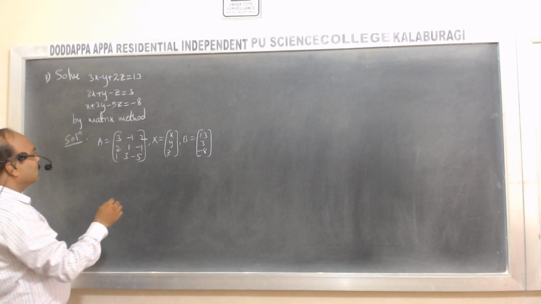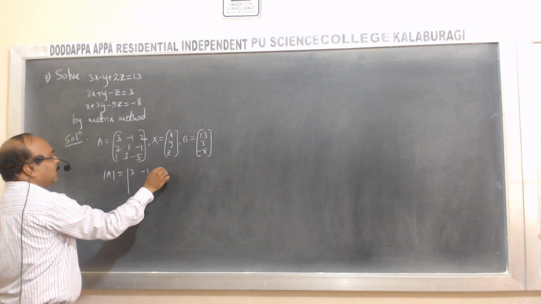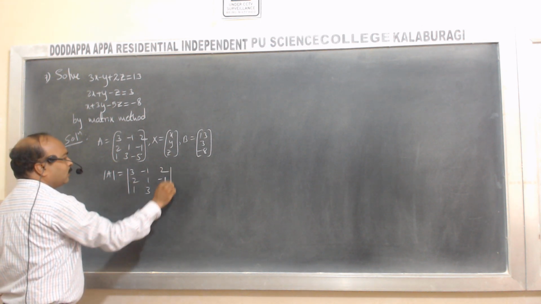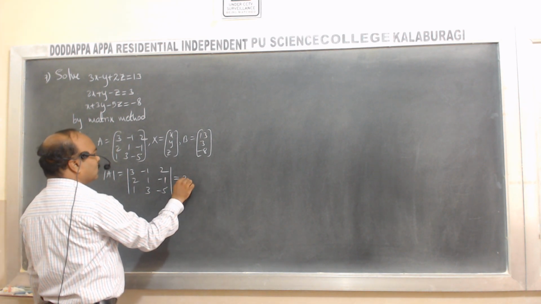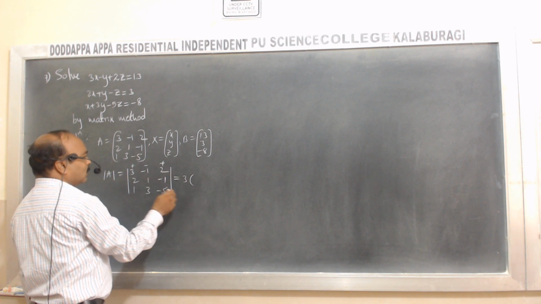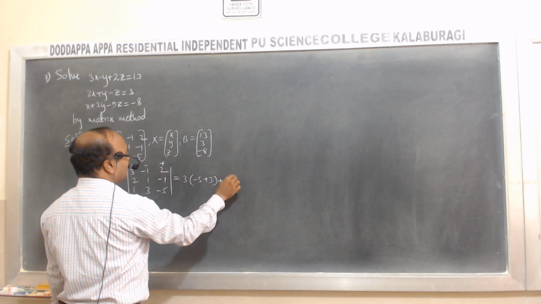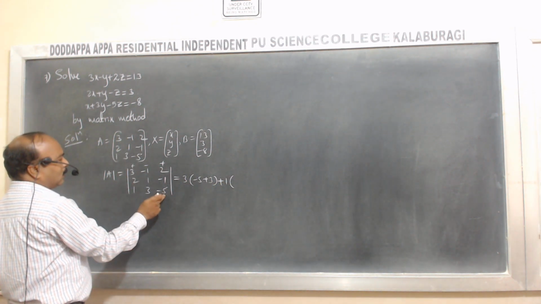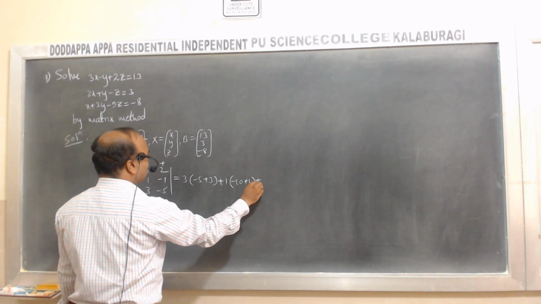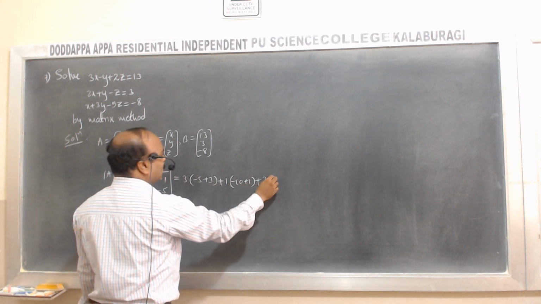Now we go for the determinant of A. It is the determinant of 3, minus 1, 2; 2, 1, minus 1; 1, 3, minus 5. It is equal to 3 into (minus 5 plus 3), minus into minus, plus 1 into (minus 10 plus 1), plus 2 into (6 minus 1).